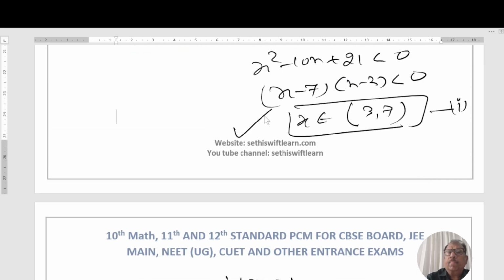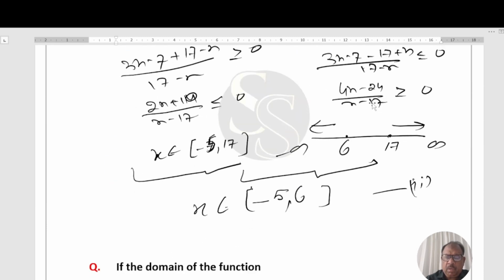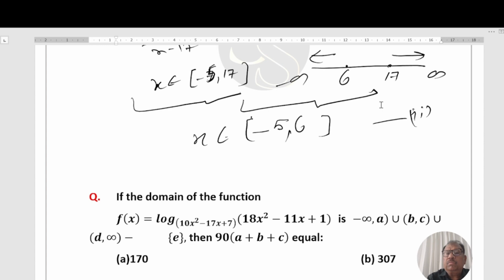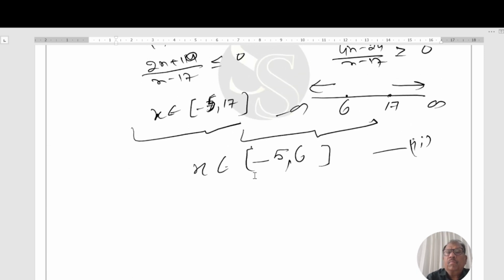Common of these will be, x belongs to 3, 7, this one.